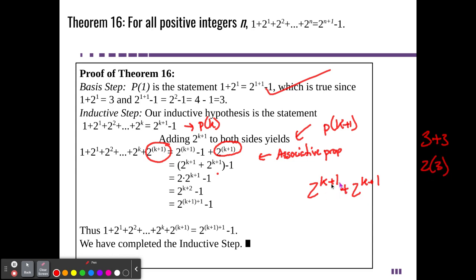So that's what we're saying here: I have 2 to the K plus 1, and I have this other 2 to the K plus 1. So I can rewrite that as that statement right there.